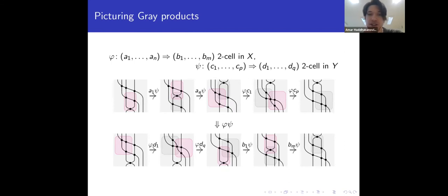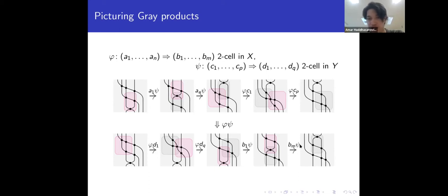Now, if we take phi tensor psi, it is going to be a four cell. So we can see it as a rewrite of rewrites. In the input of this, we again have a copy of psi on the bottom left and a copy of phi on the top left. And then we push: first we push psi through to the top right, and then we push phi from the top left to the bottom right.